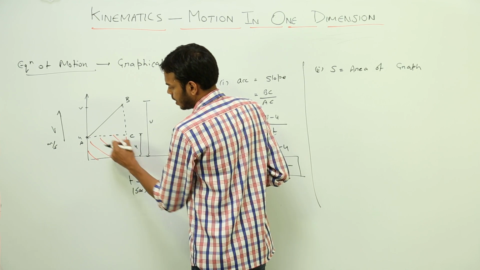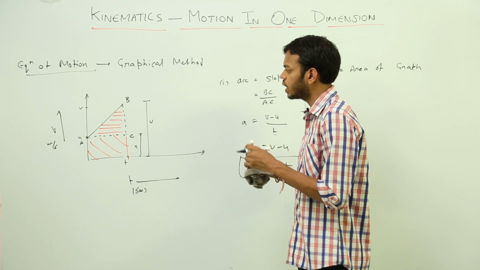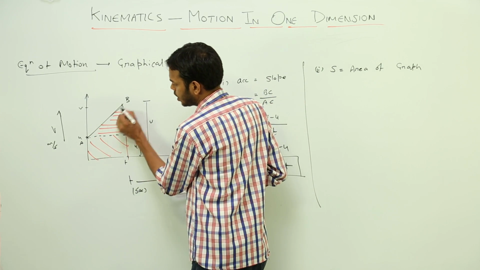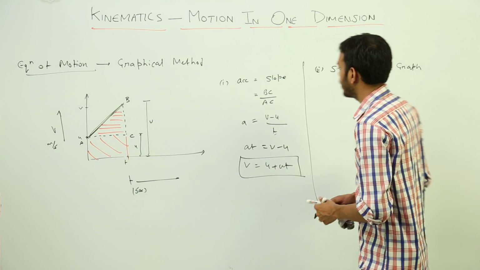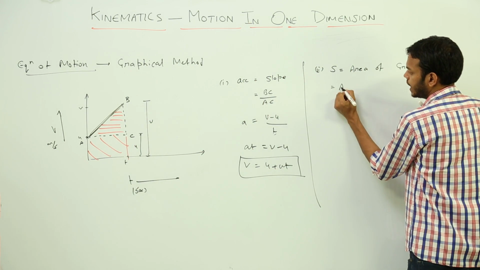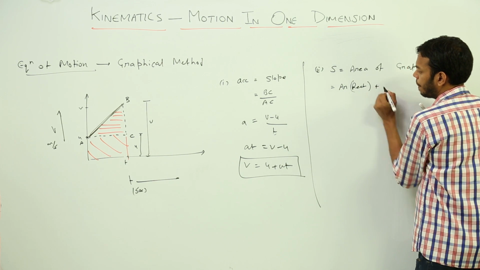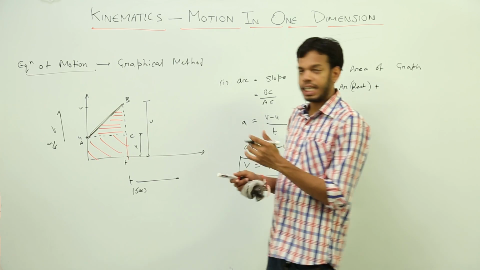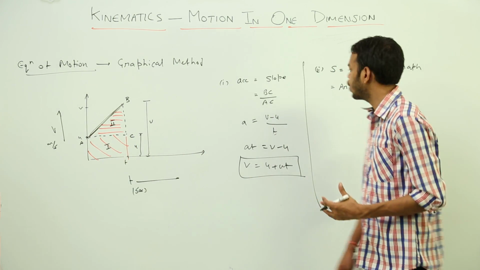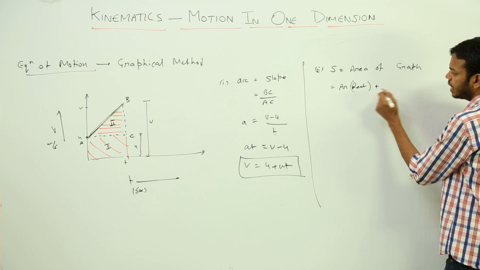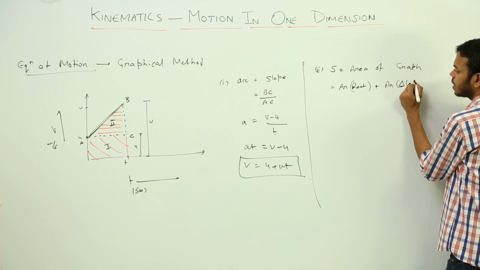This area plus this area will give me the total area under this slope up to which the object is moving, because this is the only graph we are left with. So this is the area of a rectangle plus, I can easily write, area of figure 1 plus area of figure 2. But I write it in this format: area of rectangle plus area of triangle.